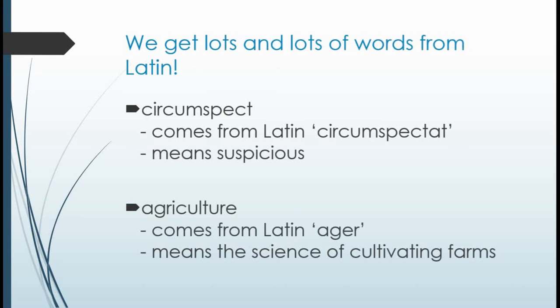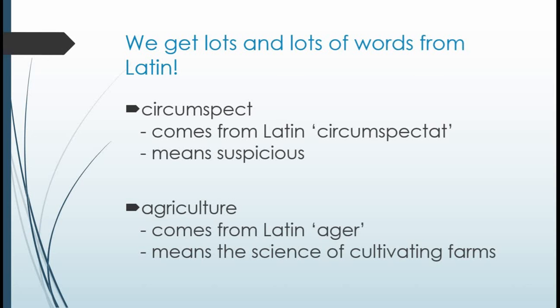One last thing then. We get loads and loads of different words from Latin. So, for example, a fancy word that you may or may not have heard before is the adjective circumspect.